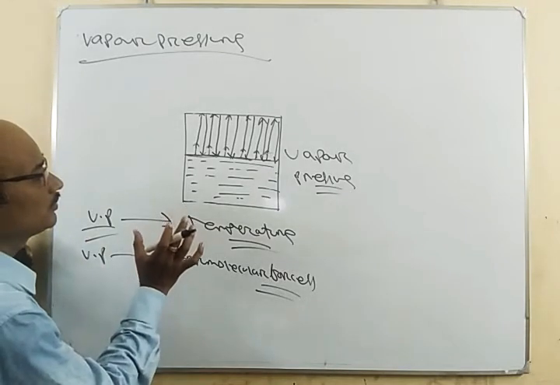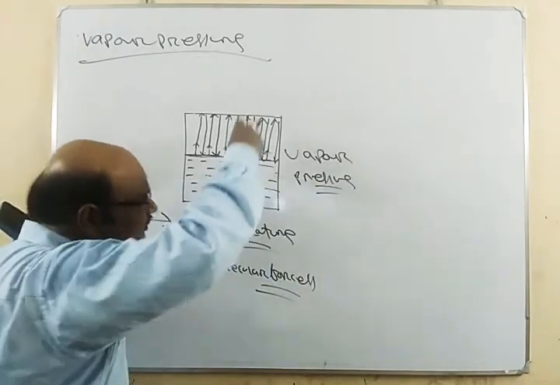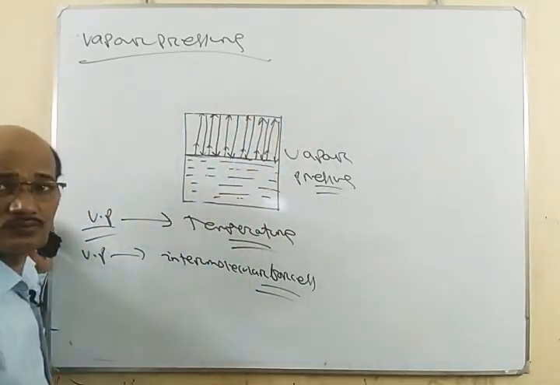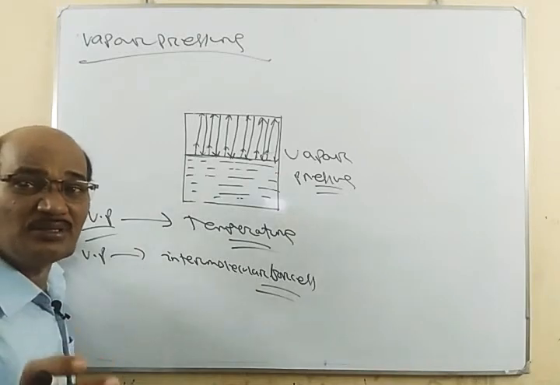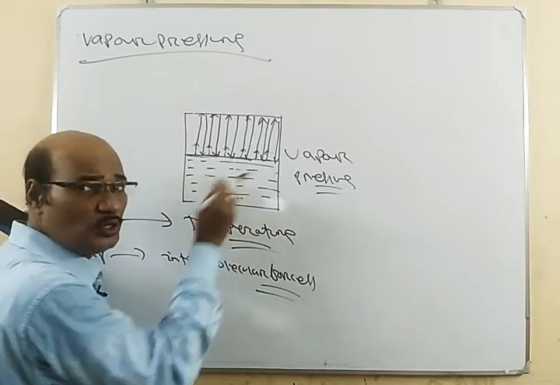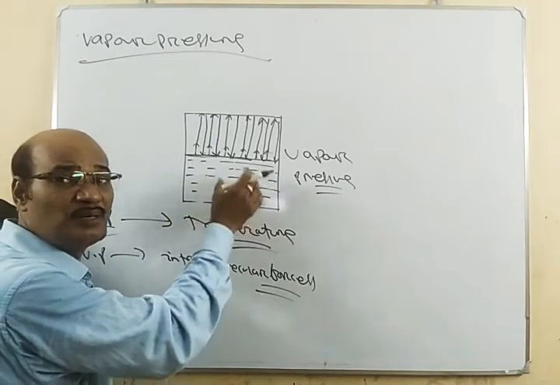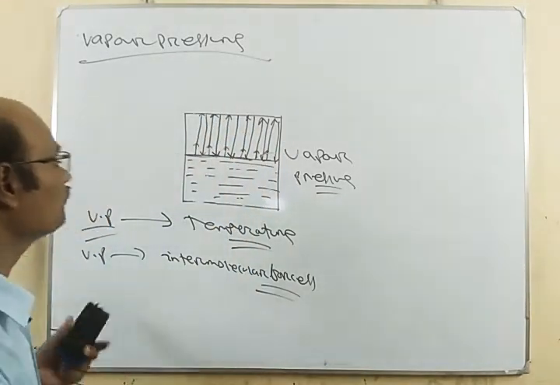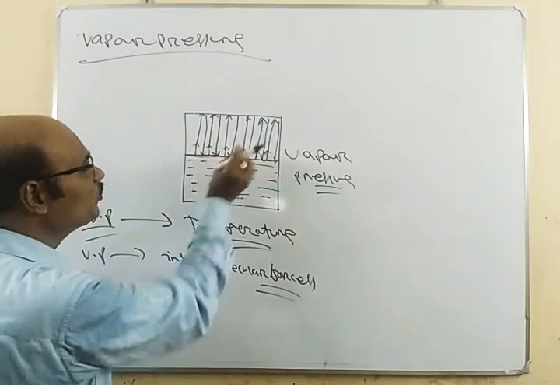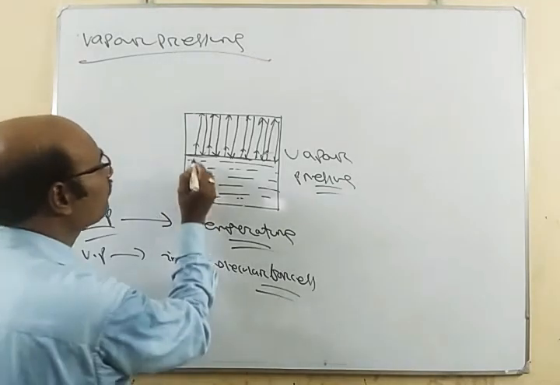Now, if some amount of solute is dissolved in this water, that means this becomes a solution, then the vapor pressure will be reduced. If you add more and more solute to the solvent, then the vapor pressure of the solution will decrease. Why? Simply, vapor pressure is the pressure exerted by the vapors of the liquid at the equilibrium conditions, and vapors are being created from the surface of the liquid.